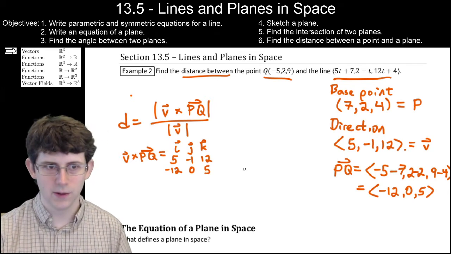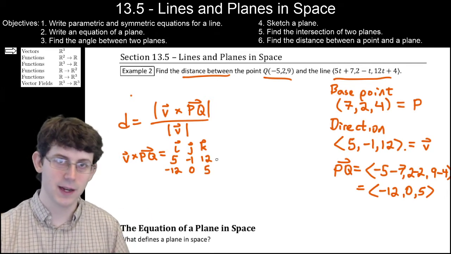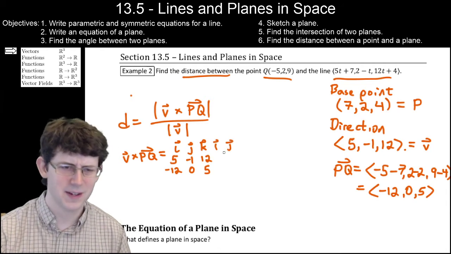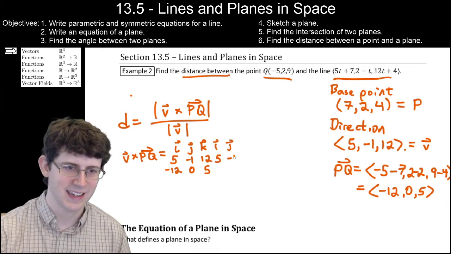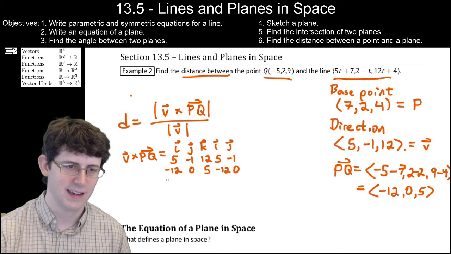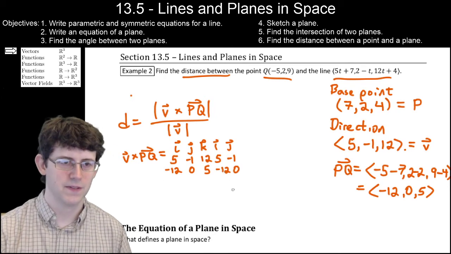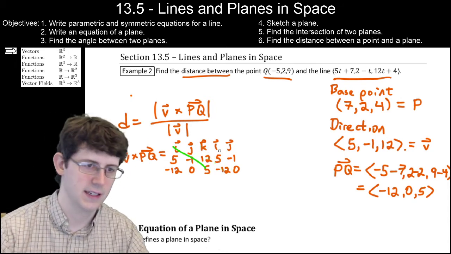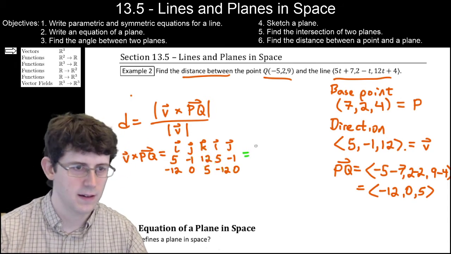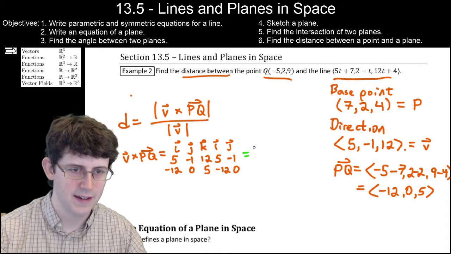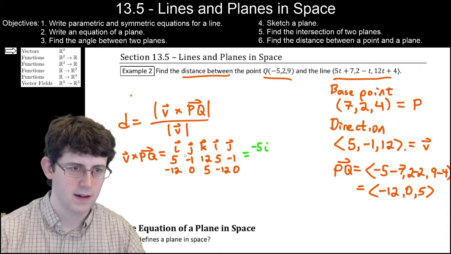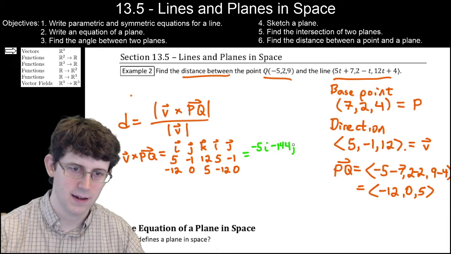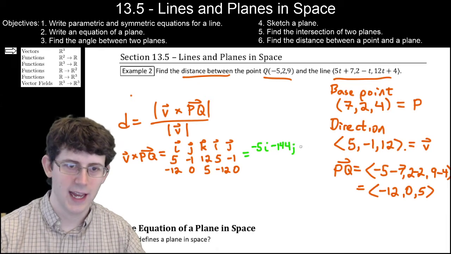I'll use the shortcut where I copy down the first two columns once each. And then I go the forward diagonals first. So I'll have minus 5i, minus 144j, oh dear, 0k.